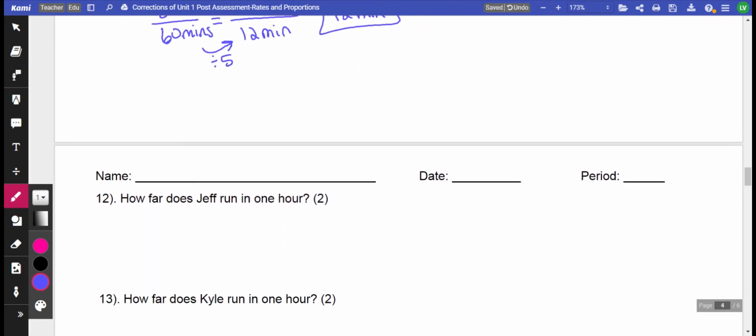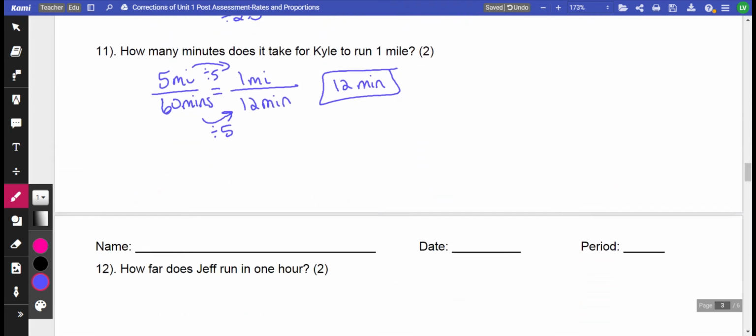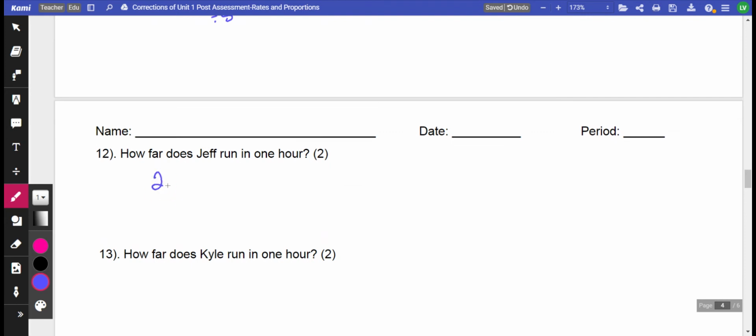Number 12, how far does Jeff run in 1 hour? Well, going back up, Jeff runs 2.5 miles in 30 minutes. We want to know in 1 hour. Well, 1 hour is equal to 60 minutes. So to get from 30 to 60, I multiply by 2.